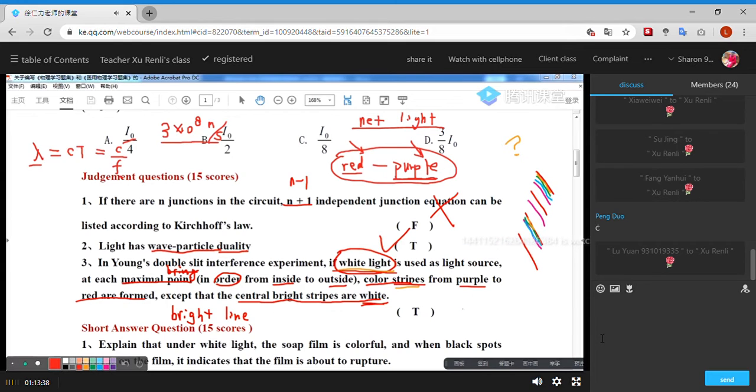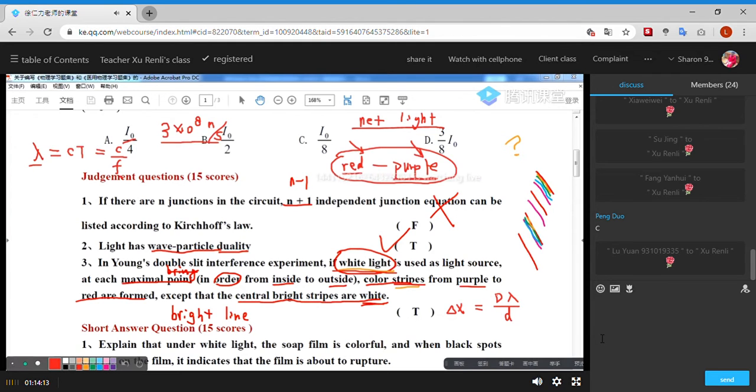Let's put this into the formula for the strip spacing. The strip spacing depends on the distance between the slit and the screen multiplied by the wavelength, divided by the distance between the two slits.